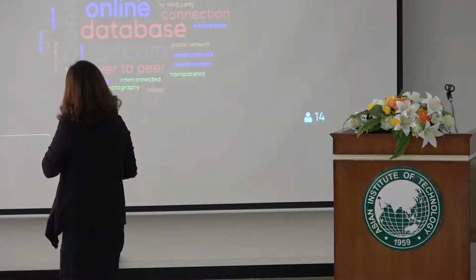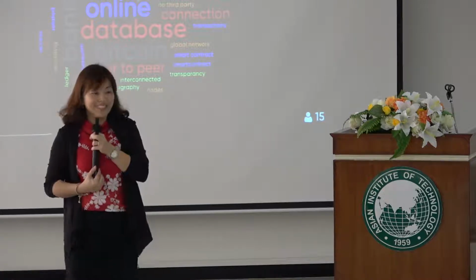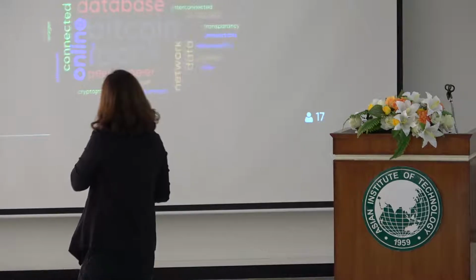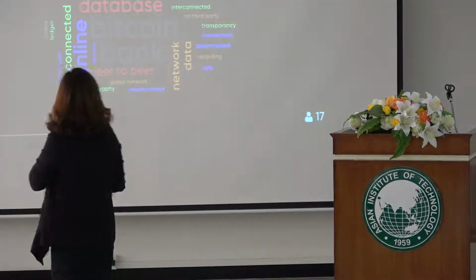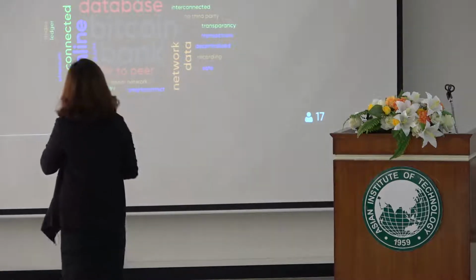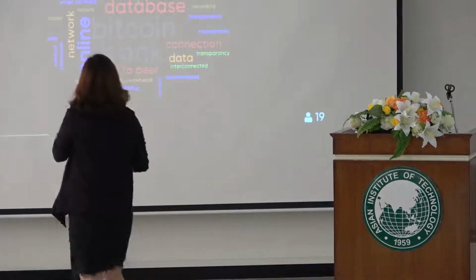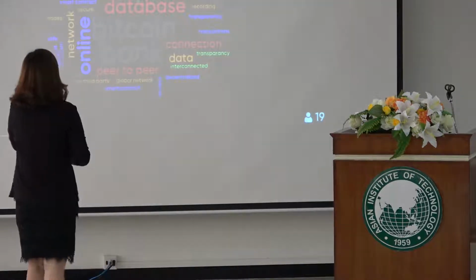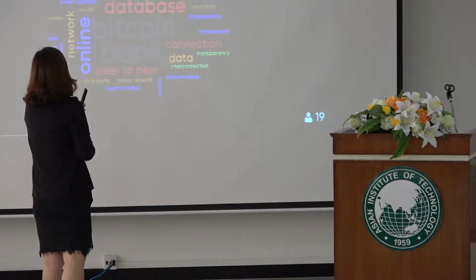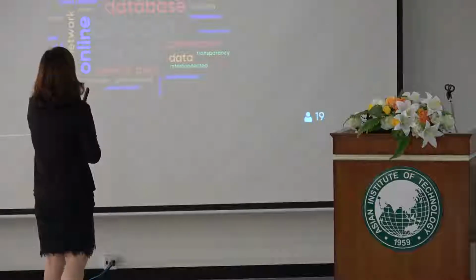Decentralized network, no third party. Oh, some of you know about this somehow. What else? Ledger, Bitcoin, access. What else do we have? Safe, transactions, transparency, interconnected, smart contract, fintech.